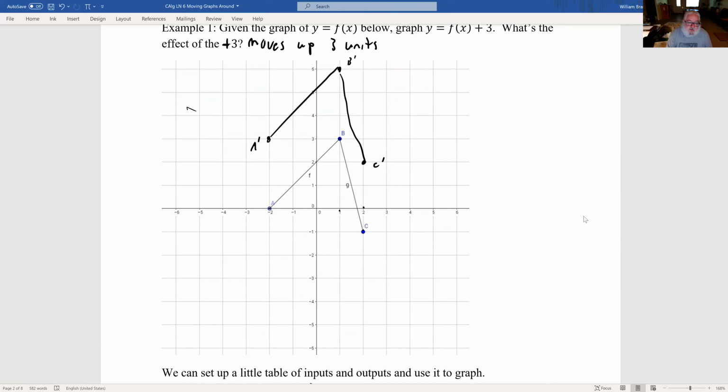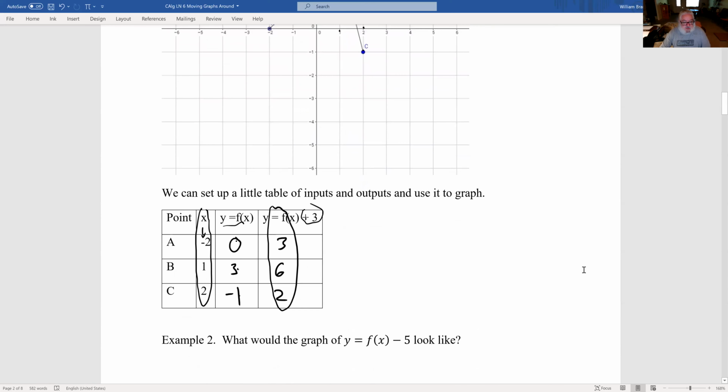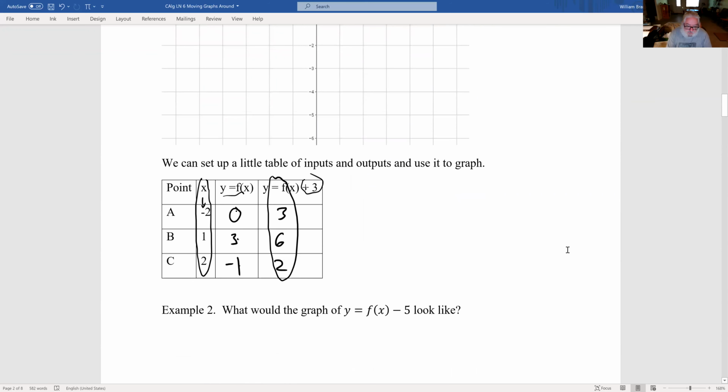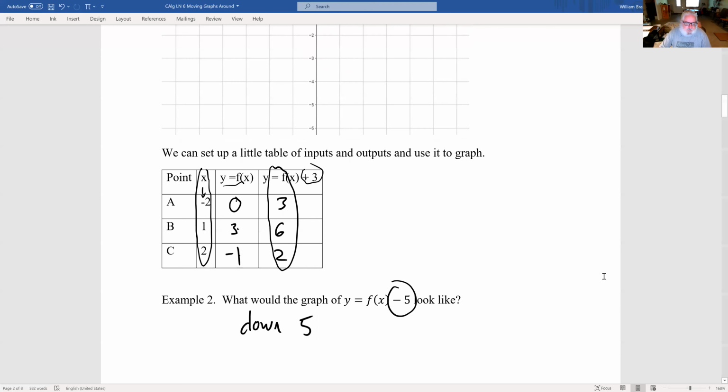And so the graph looks like that. And all it did, the plus 3, is it just moved everything up 3 units because we added 3 to each y value. Minus 5 outside of the function means that we're going to subtract 5 from each y value, and that's just going to push the graph down by 5.